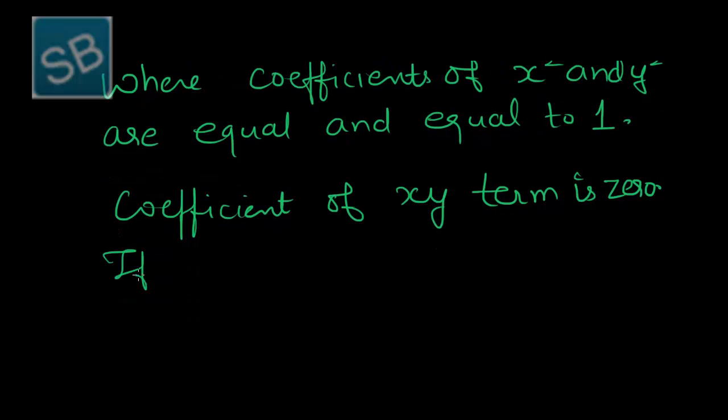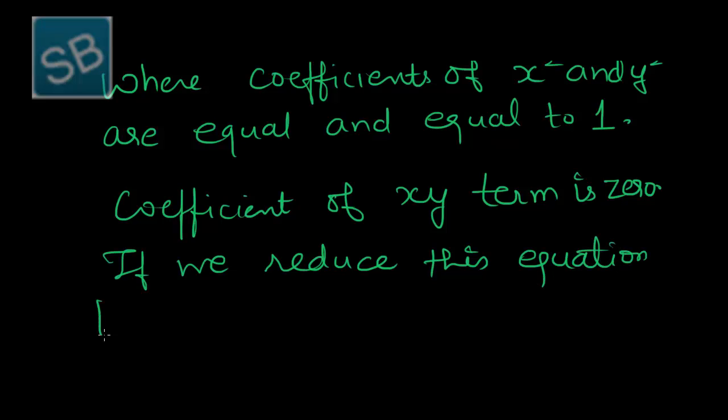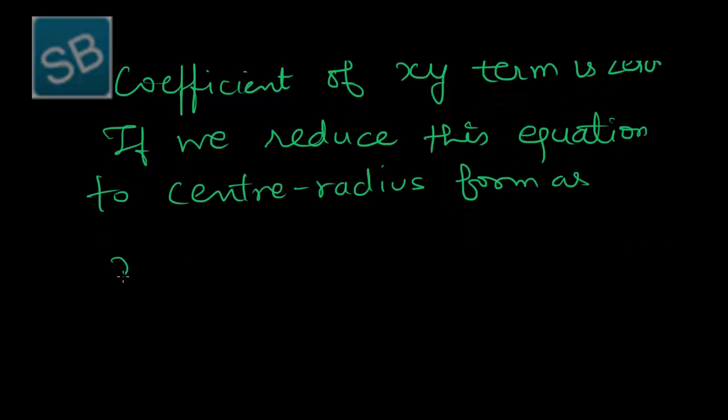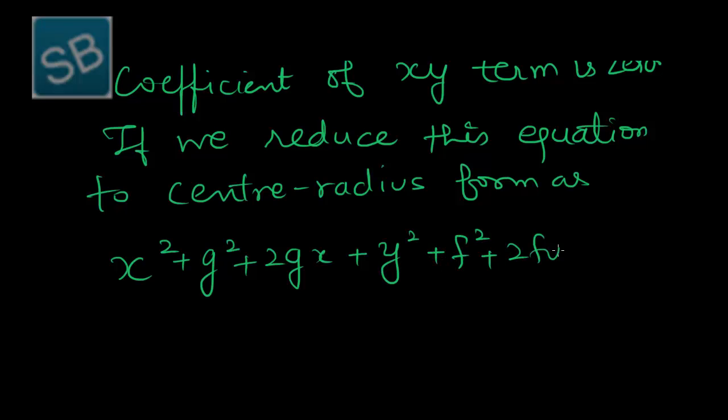Now if we reduce this equation to center radius form, as we have x square plus 2gx, we add and subtract g square, and as we have y square plus 2fy, we add and subtract f square, so that we can get the equation in quadratic form.